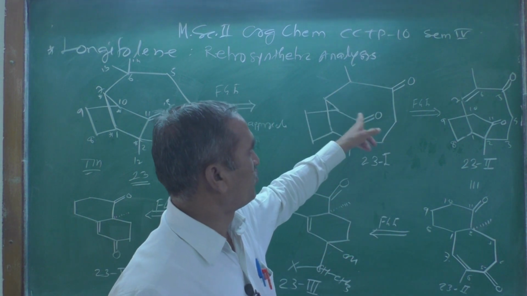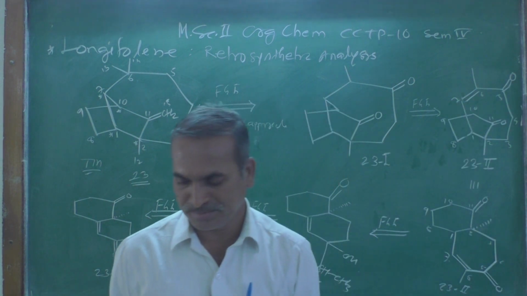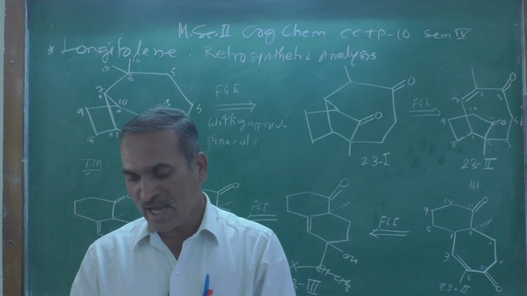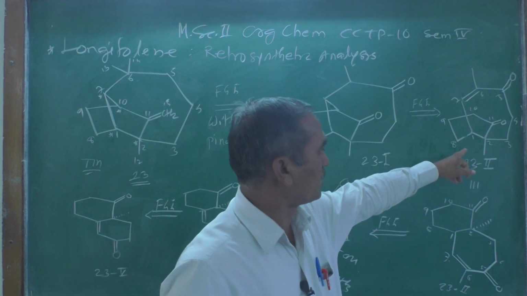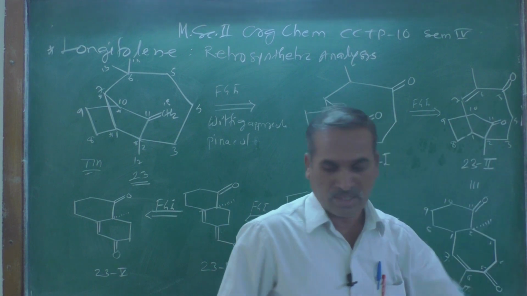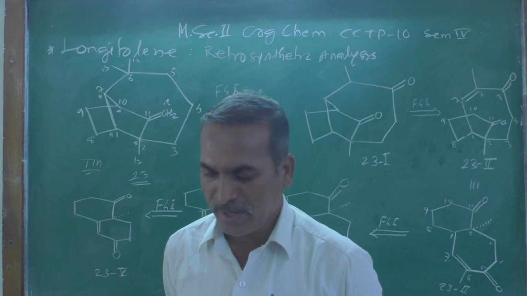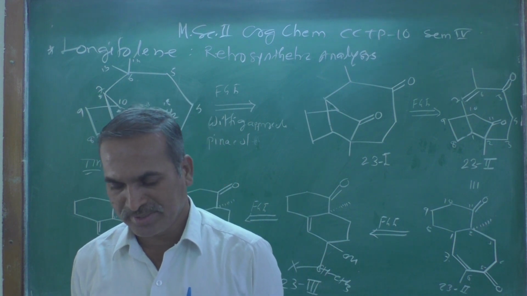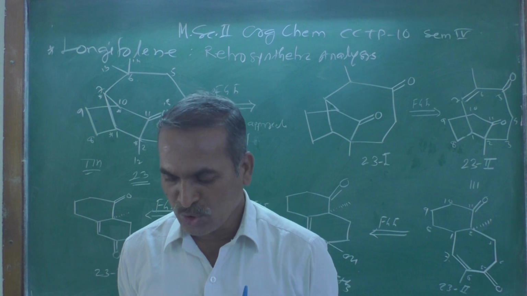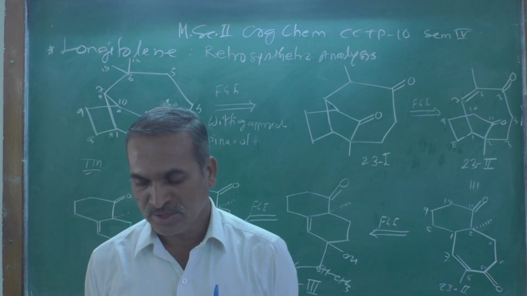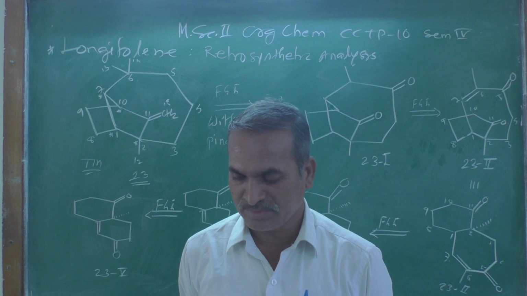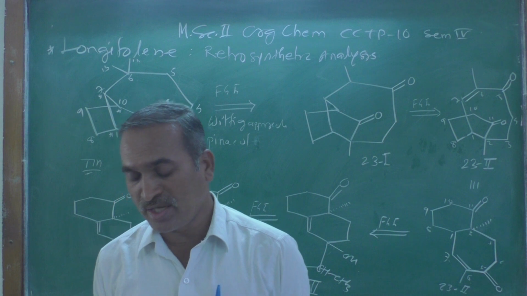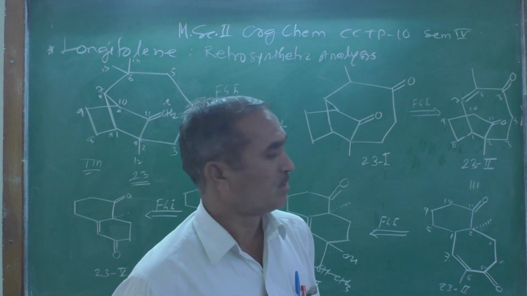So this bond is broken and we will get this one. And this is achieved in diketone 23. Diketone, there are two ketonic groups. Diketone 23. Second, because an enolate generated by deprotonation at C10 can undergo an intramolecular Michael addition to C7.